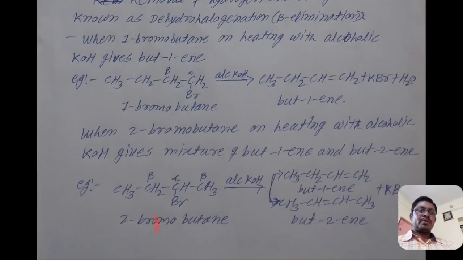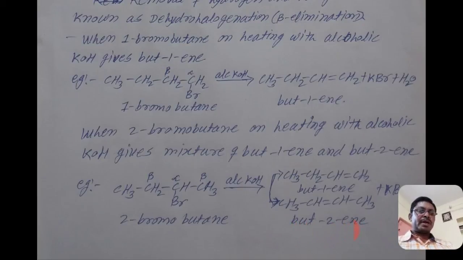When 2-bromobutane reacts with alcoholic KOH, we get but-1-ene, in which a beta hydrogen atom is eliminated with the halogen atom, forming a double bond between these two carbon atoms. The next product is but-2-ene.